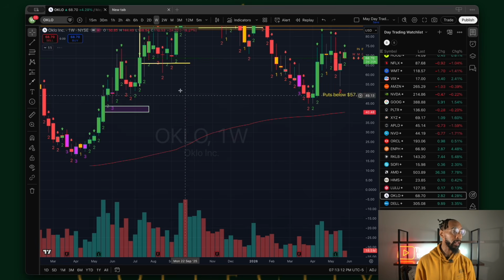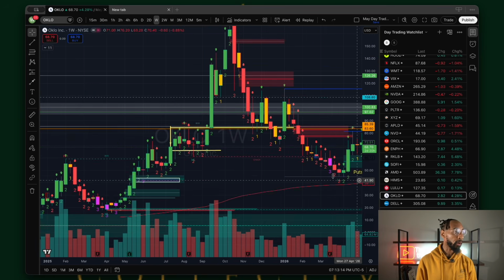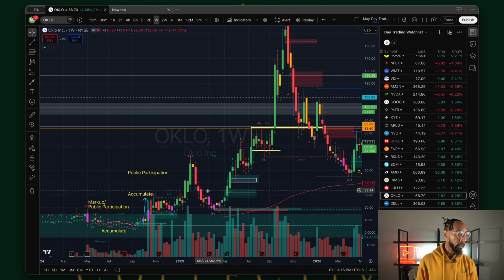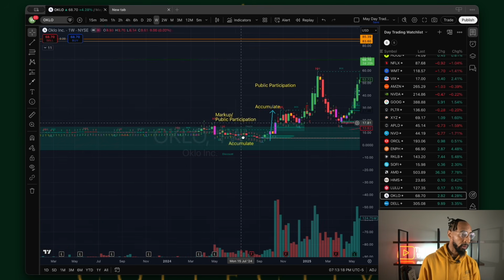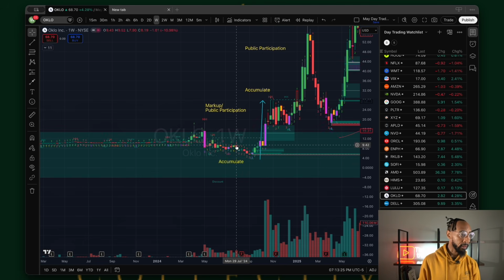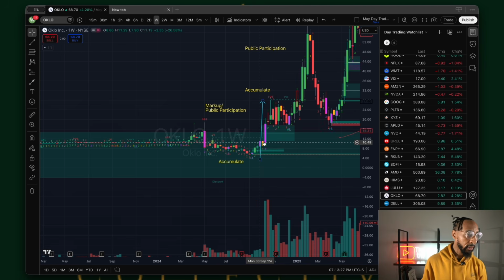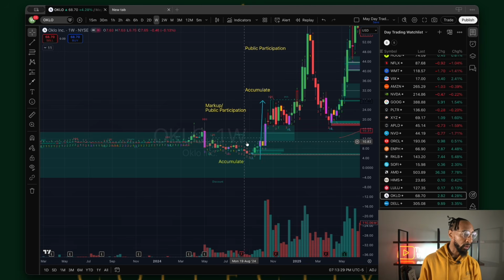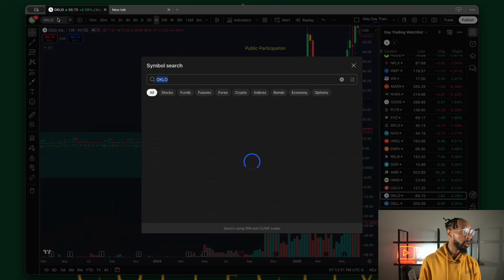If you go to the weekly as well, let's go back to the weekly on OKLO. And let's go to when I had called it back in this area right here. Do I see a failed 2 down? I don't see a failed 2 down. It's all good.